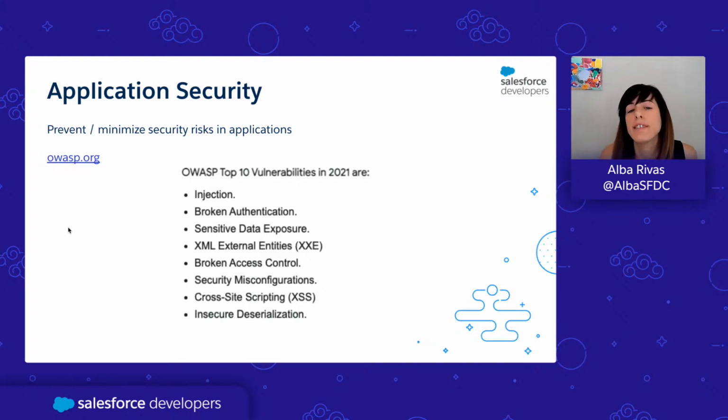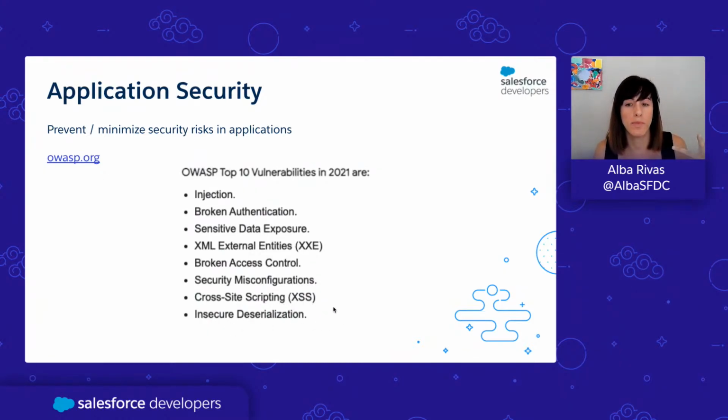This is an organization that every year elaborates a list of the most common attacks happening in web applications worldwide. For instance, the OWASP top 10 vulnerabilities in 2021 are injection, broken authentication, sensitive data exposure.